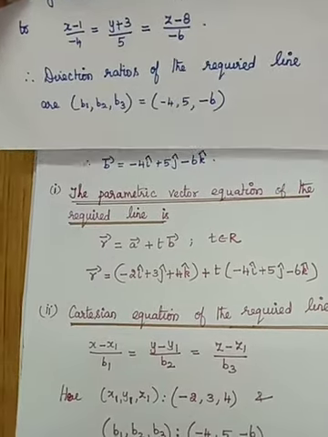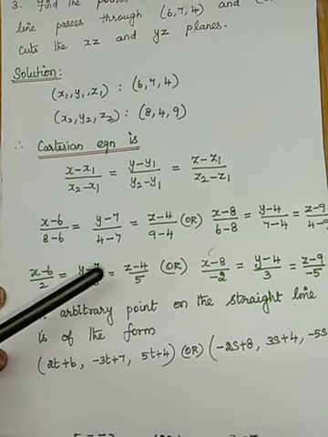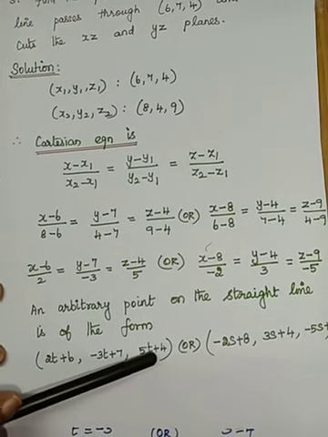So x minus 6 is equal to 2t, and x is equal to 2t plus 6. In the same way, (y minus 7) by minus 3 is equal to t, so y is equal to minus 3t plus 7. Next, (z minus 4) by 5 is equal to t, so z is equal to 5t plus 4.